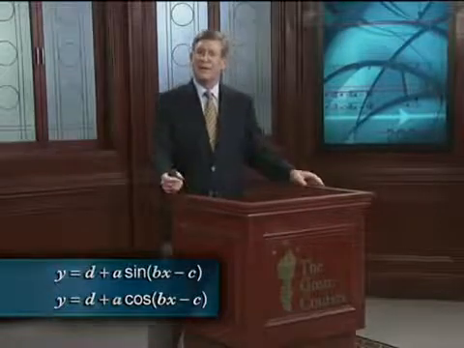Well, let's think about that. If D were 0, the graph would be just sitting right there. But if D is, say, 5, that means every value gets vertically shifted 5 units upwards. Or if D is minus 3, then everybody goes down 3 units. So D is a vertical translation, a vertical shift of the graph.